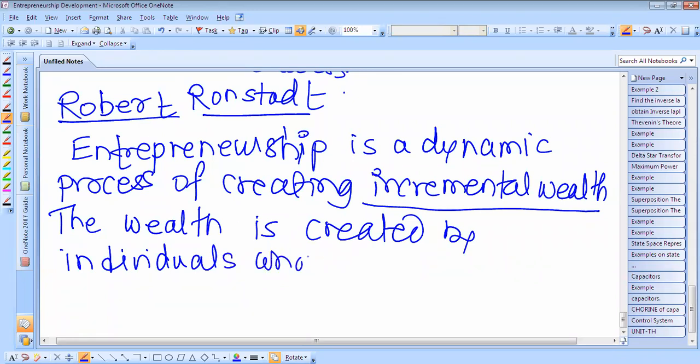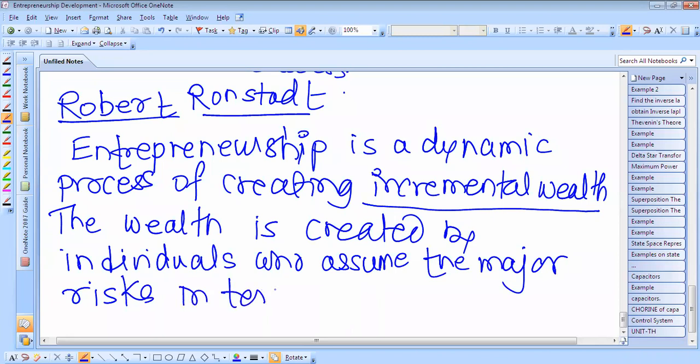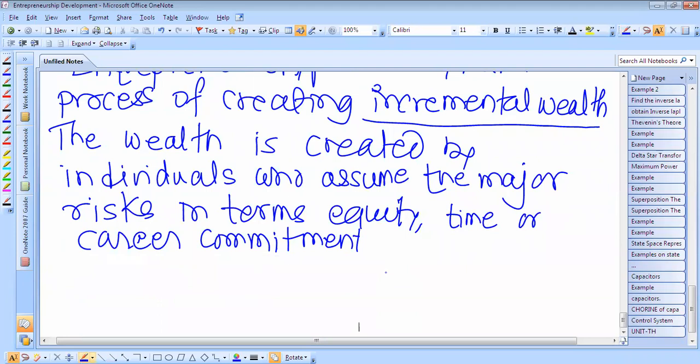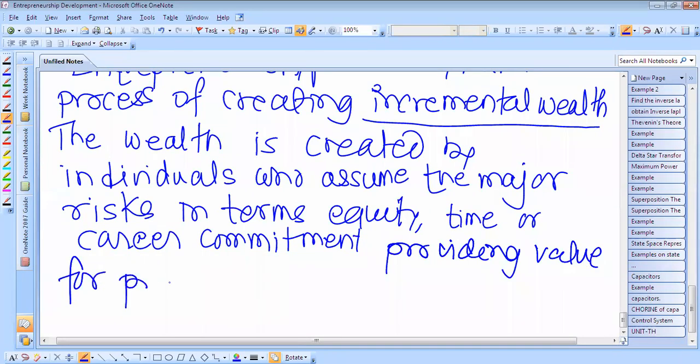Individuals who assume the major risks in terms of equity, time, or career commitment of providing value for a product, or we can say a service.